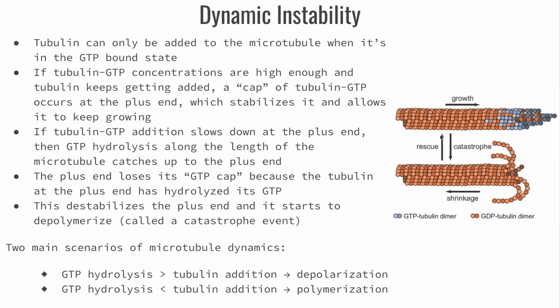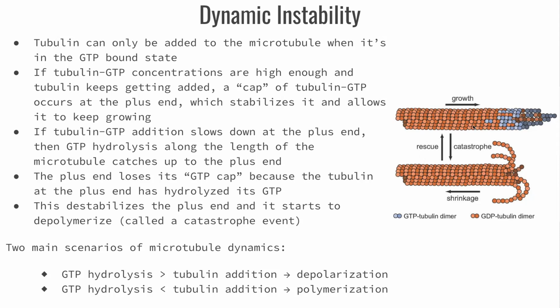So basically, GTP tubulin is added at a rate quickly enough to cause this GTP cap to form, because what's happening along the length of the microtubule is the tubulin that was once bound to GTP is hydrolyzing its GTP to GDP.